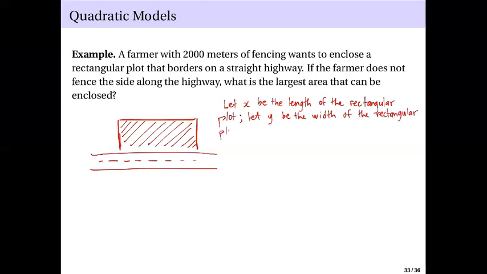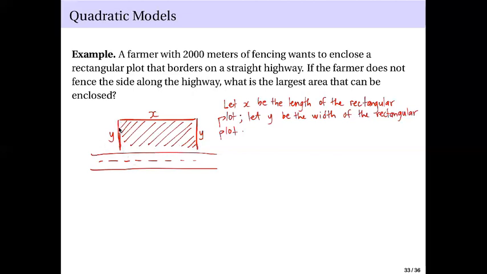So if we look at the sketch here, this will be our x, and this will be our y. And of course, this is also y. Okay? Now, according to this, the perimeter without this side here, okay?